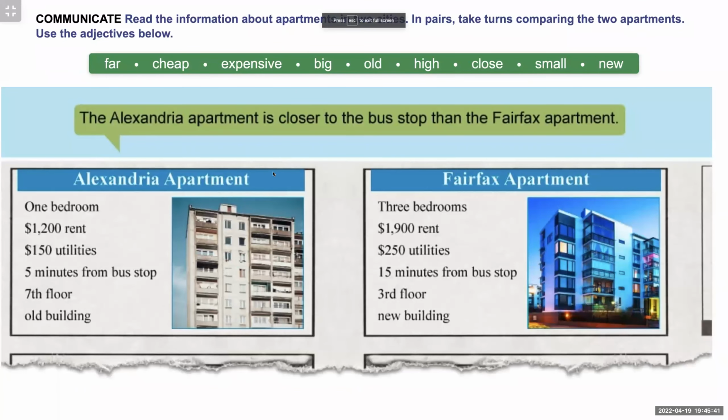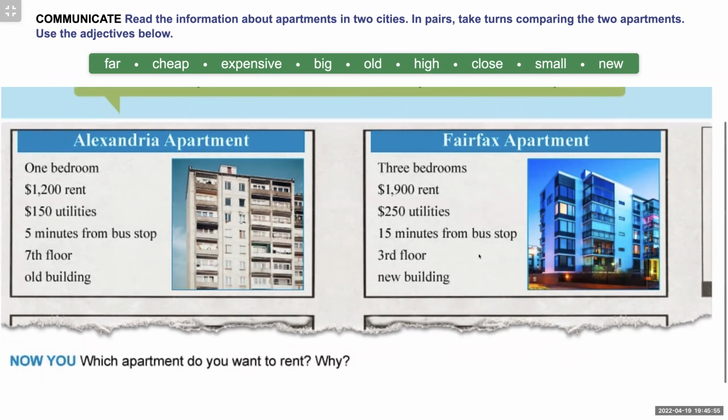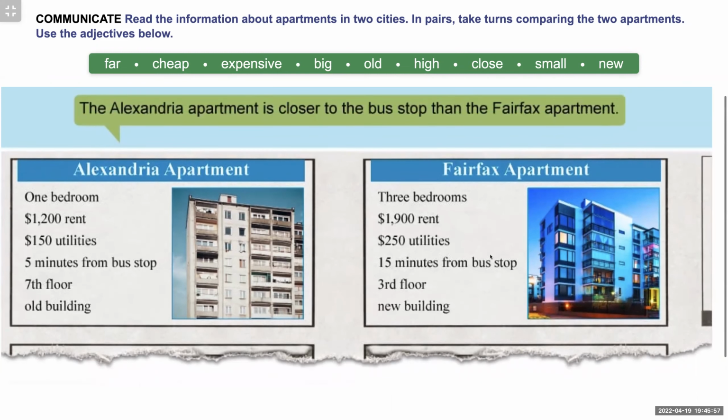So in practice number 6, again, we're communicating. Here we have the word Alexandria Apartments, and it tells us the apartments. Then we have Fairfax Apartments. So which apartment would you rent? You only have 2 options.